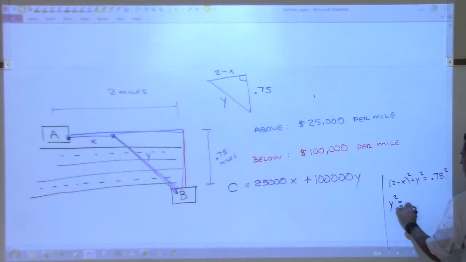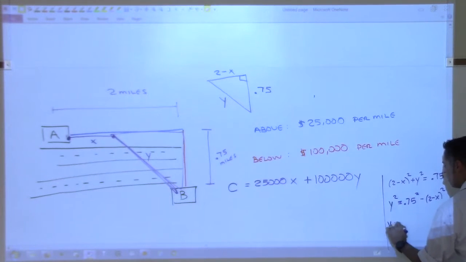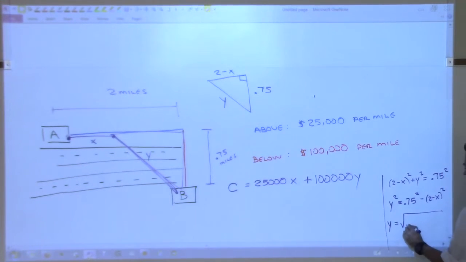Y squared equals 0.75 squared minus (2 minus X) squared. So just bring that over. And then one last step, square root. So Y is equal to the square root of 0.75 squared minus (2 minus X) squared. Got it or no? And it has to be positive. That's why I'm not looking at the negative.